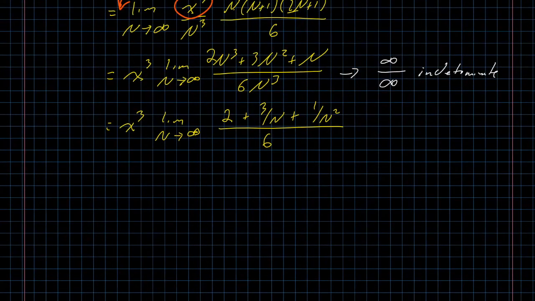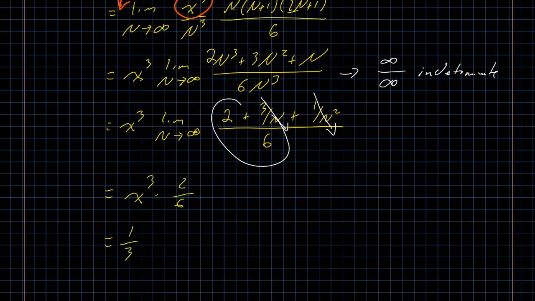Now, when you evaluate the limit, this one goes to 0, this one goes to 0, and we're left with 2 over 6. Two over 6 reduces, and it's going to be 1/3 x cubed.